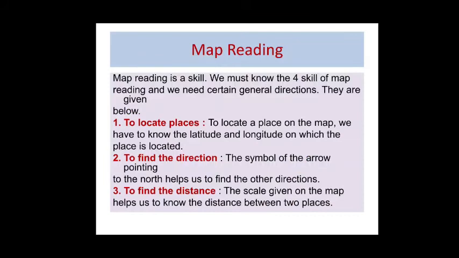To locate a place on a map, we have to know the latitude and longitude on which the place is located. So which side, northern side, eastern side, or western side, we locate the places every time. That is the main general direction, to locate the places, like northern states, northern districts.